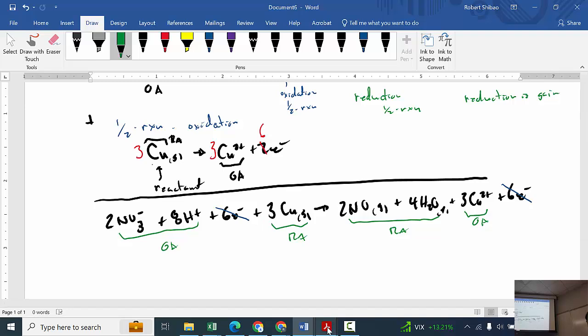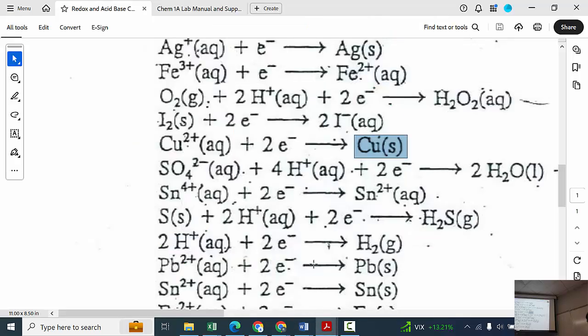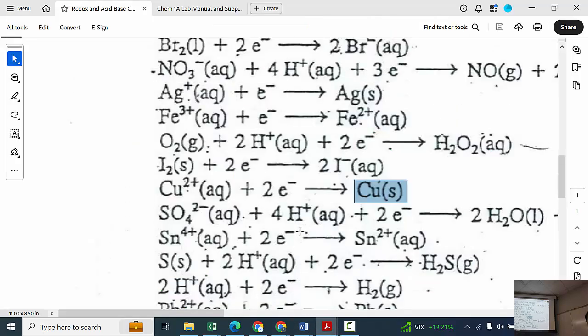And so we just go back to the chart and take a look. Which one is stronger? So we can see nitrate in acid is here. And then I see copper 2 plus is here. So what we're doing is we're going downhill. I used the zigzag method the other day.